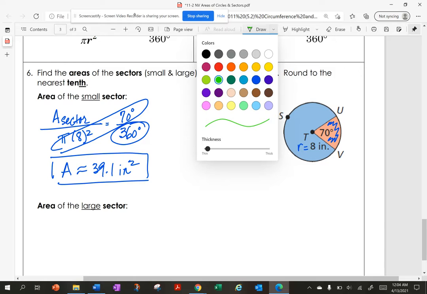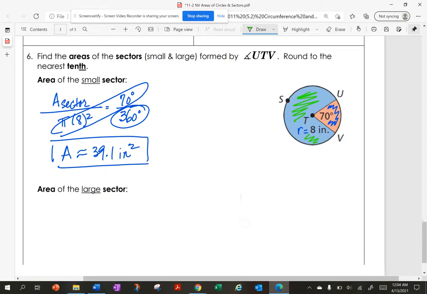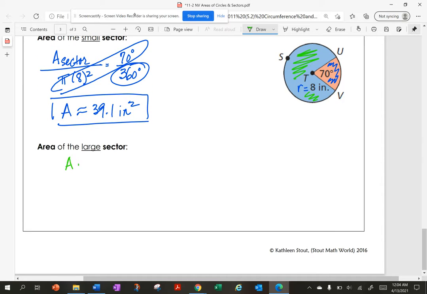Okay, for the larger sector, we're going to find the larger sector here, divided by the area of the whole circle. So pi r squared is still pi 8 squared. But now I've got to find this central angle. So that'll be the whole, say 360 minus 70 degrees. So the central angle for the larger sector is 290 degrees.